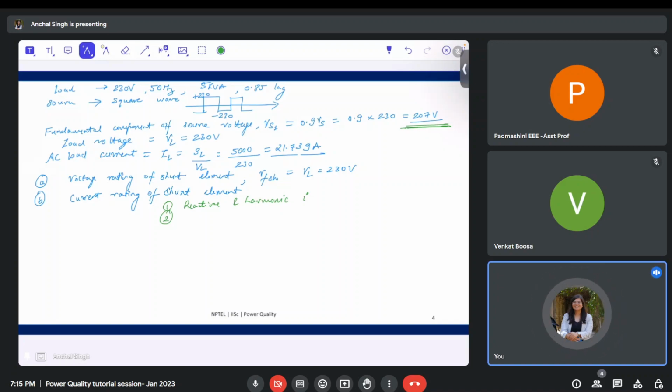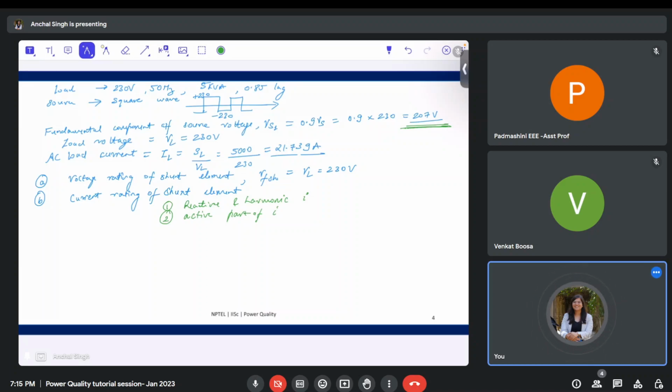And we have already seen in UPQC that whenever there is a difference between the source voltage and load voltage, there is an active power that is drawn by our compensator, and this active part of the current will also be supplied using the shunt element. So these two components will be supplied by the shunt element.